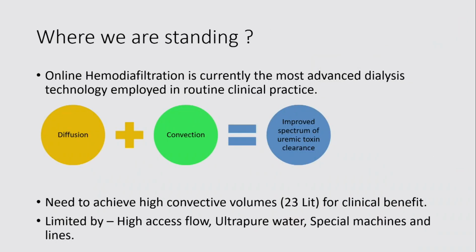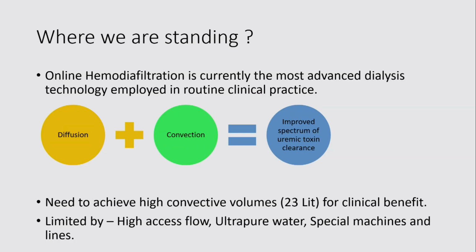So where we are standing now, we have the technology of online hemodiafiltration, which is currently the most advanced technology employed in routine clinical practice at some centers. It employs diffusion and convective clearance to improve the spectrum of uremic toxin clearance.